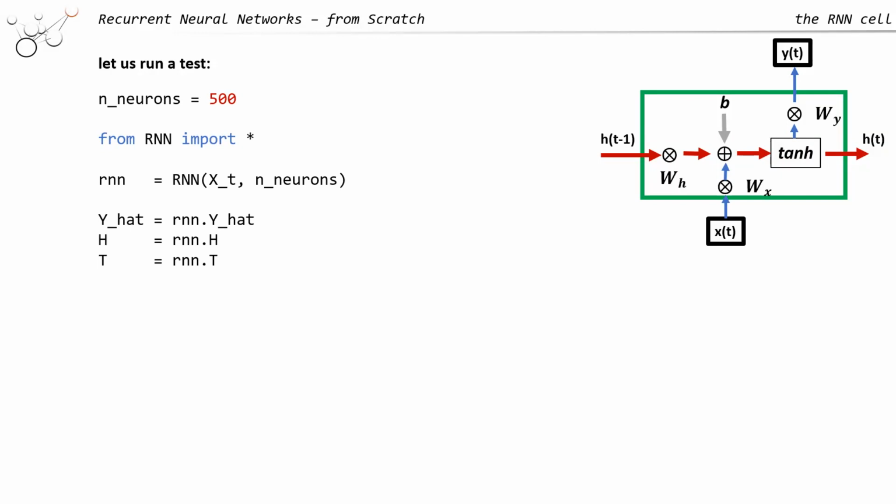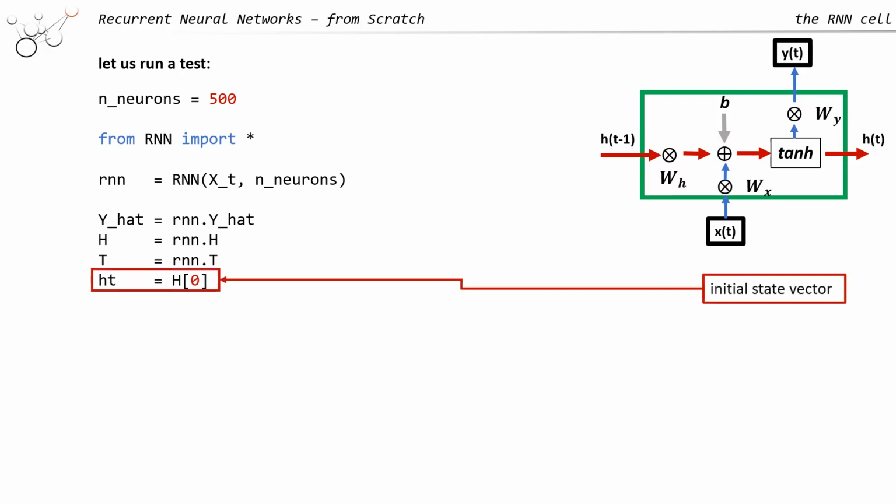So y hat, where we have all the predictions, then we have h and t. We also want to keep t. And for the time point 0, we start with an ht at t equals 0. And we initialize the vector or the list h with zeros. So, and that's how we really start, in fact. So h for t equals 0 is a vector just with zeros. So that's our so-called initial state vector.